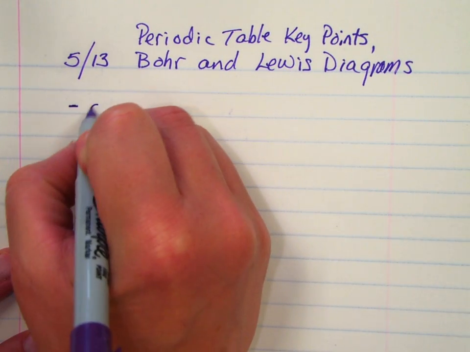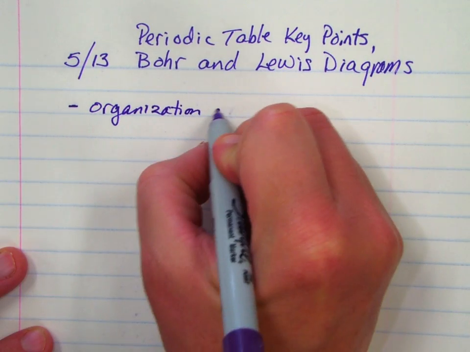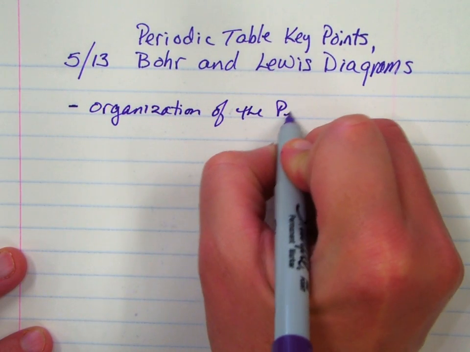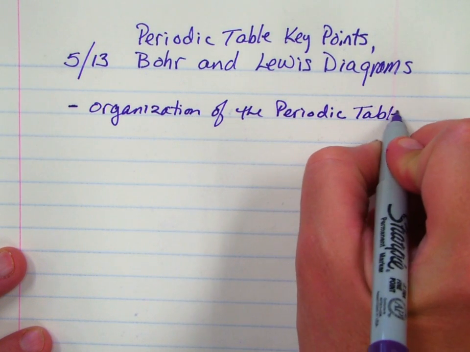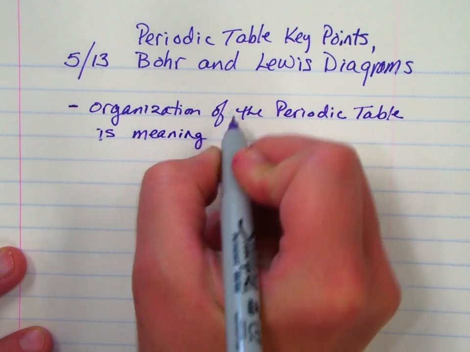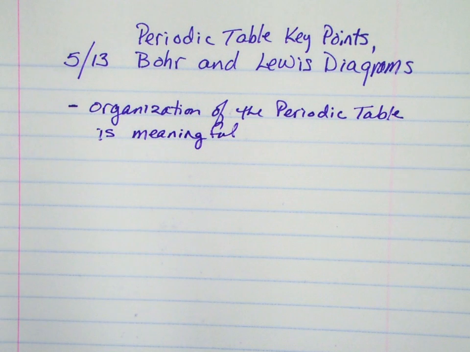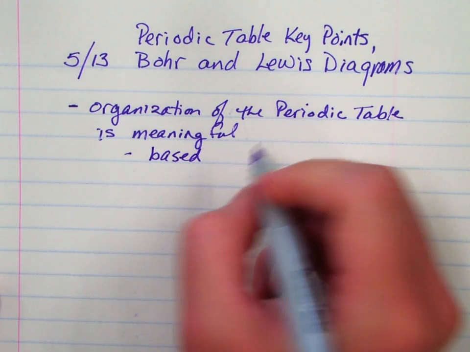First thing we need to know is that the organization of the periodic table is important. It's meaningful. Mendeleev was not the only one to develop a periodic table, but his had the most predicting power. How he put them together allowed scientists to see gaps, to look for future elements, because the periodic table arrangement is meaningful. It's based on the atomic number, not on mass.